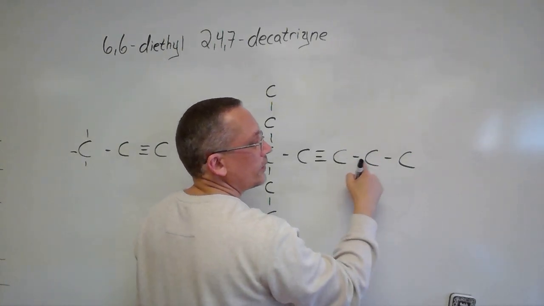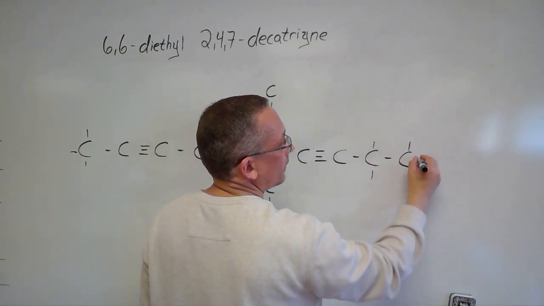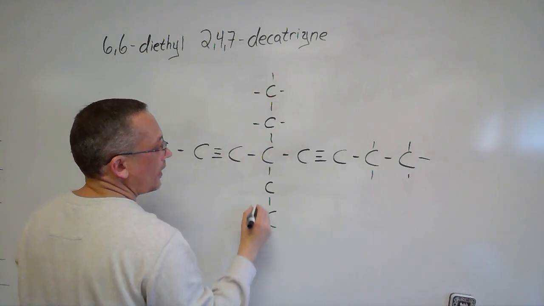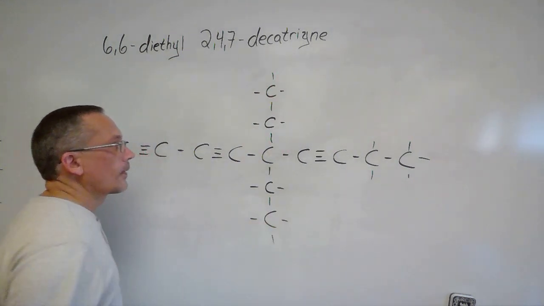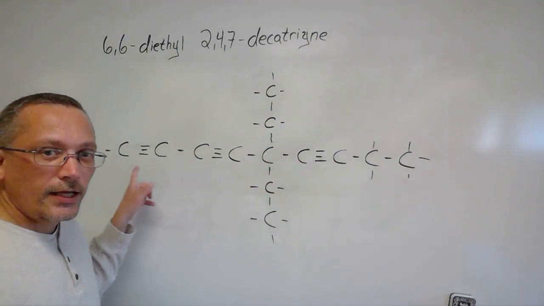This one has only 2, so let me add 2 more. And this one has only 1. 3 more there. And then the ones up here. And the ones down here. And there we go. Notice we went all this way without adding any hydrogen.